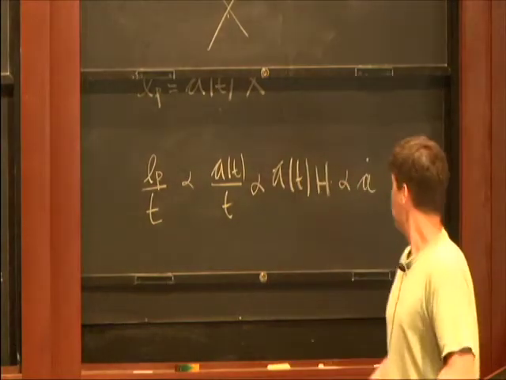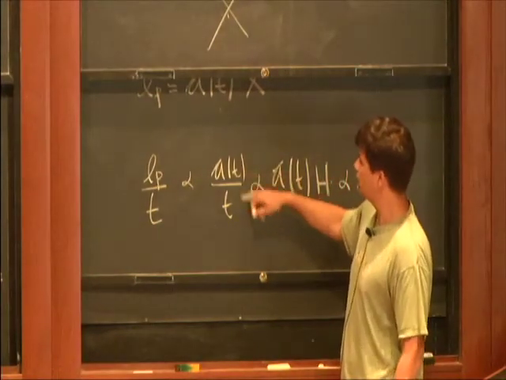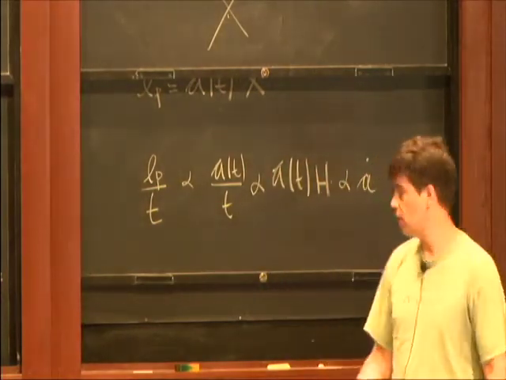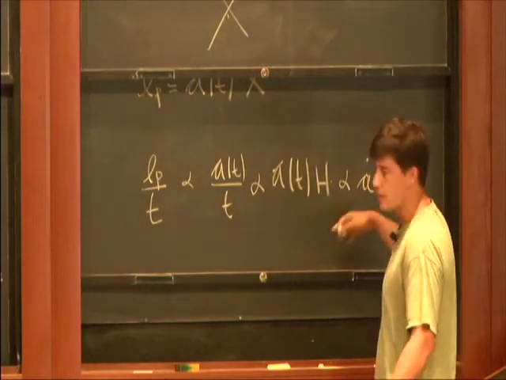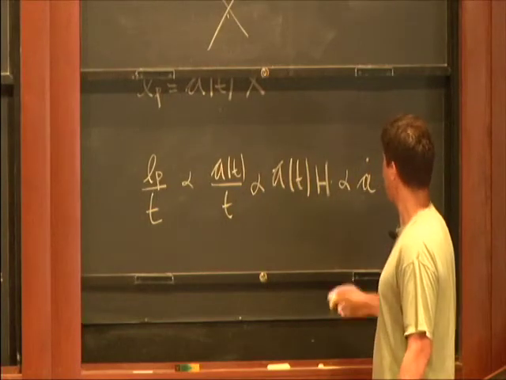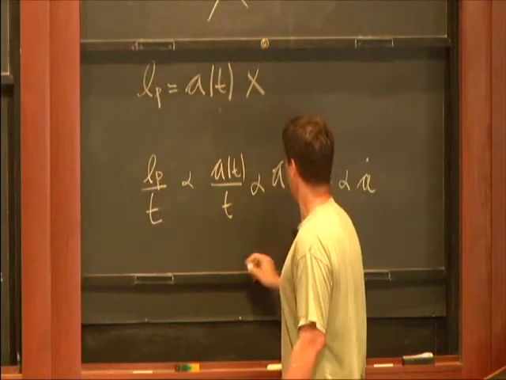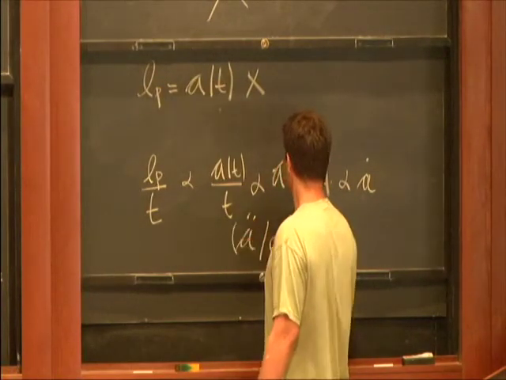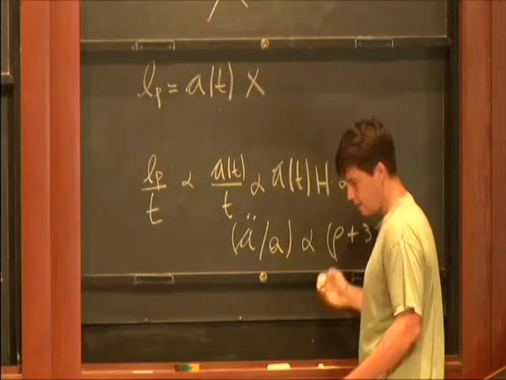Okay, and so whether or not things are getting further away in units of the age of the universe all depends on whether a dot is increasing or decreasing, or equivalently on the sign of a double dot. So you can use the Friedmann equations to find that a double dot over a is proportional to rho plus 3p. Okay?